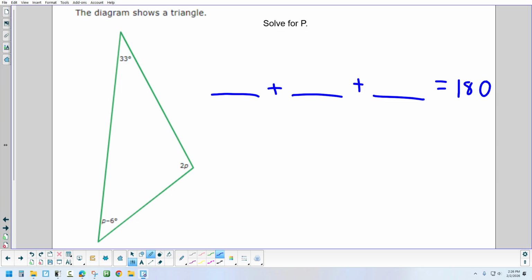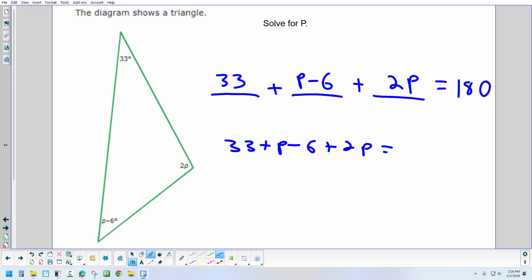Okay. What's going to go on the first line? 33. Okay, second line? p minus 6. And third line? 2p. Okay, we're going to do exactly the same thing we did before. So 33 plus p minus 6 plus 2p. So I just got rid of the underlines.